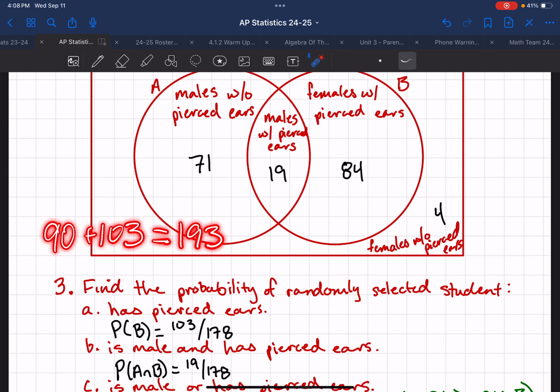Well, that's more than we even have in this survey. But if we subtract 19, we get our 174.